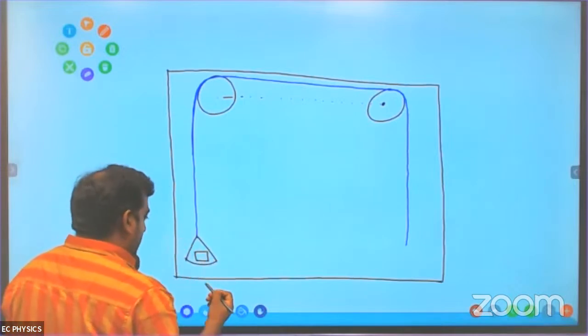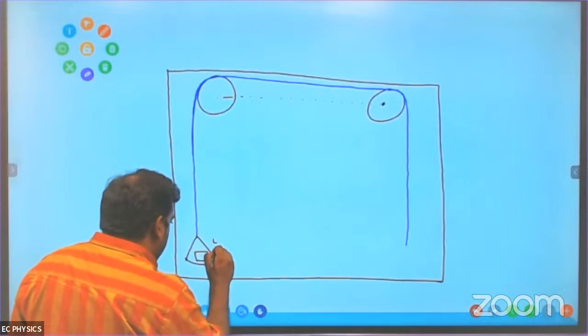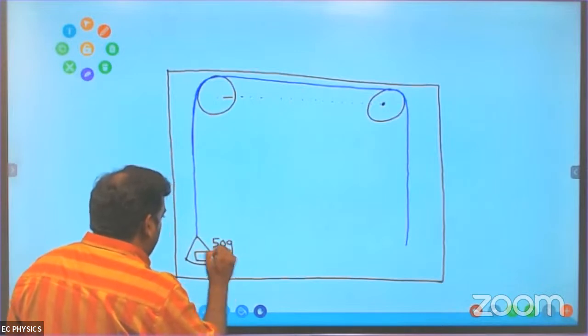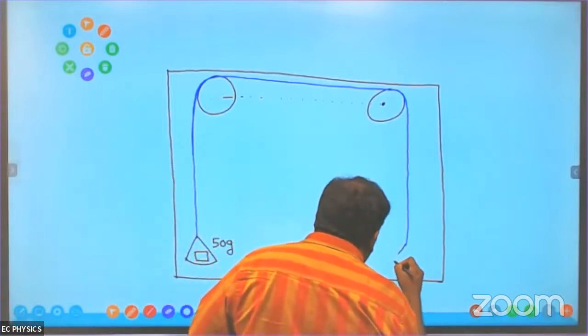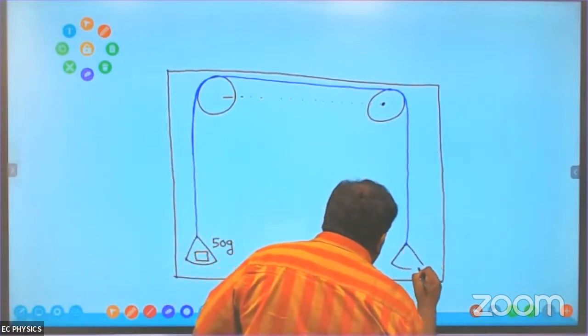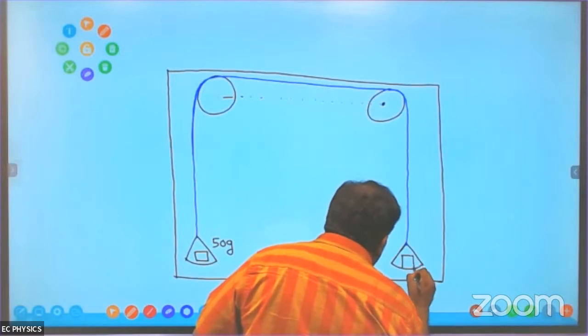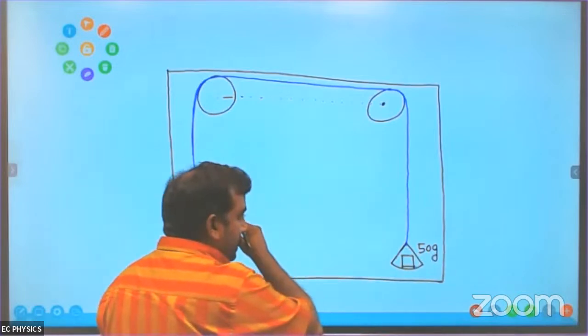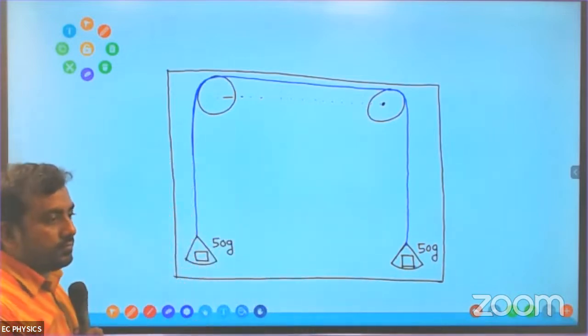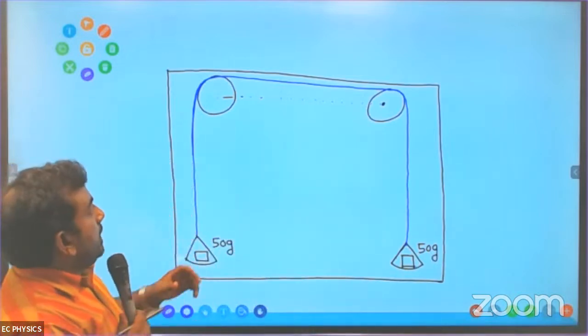Let's take for a basic example, this is about 50 grams, total weight 50 grams. Here also scale pan and weight. Let's say these also 50 grams.